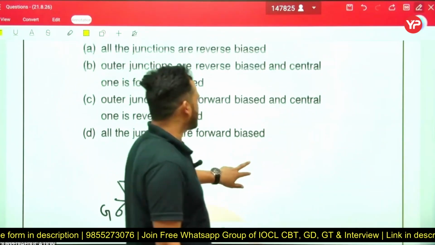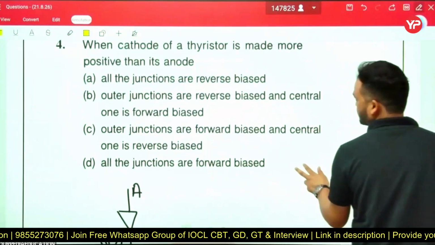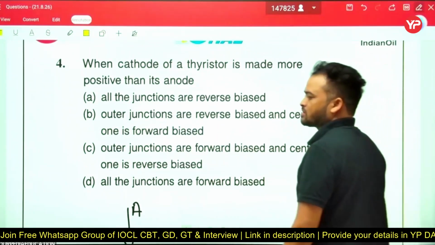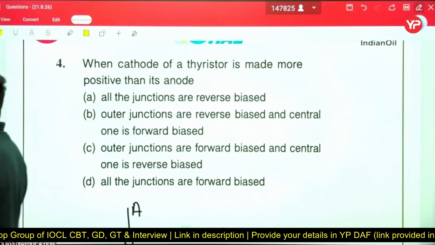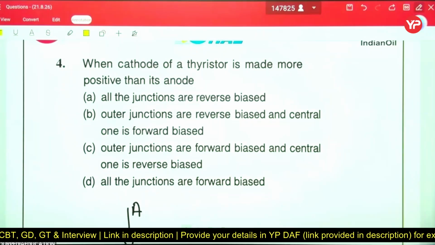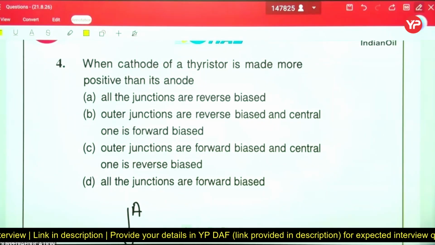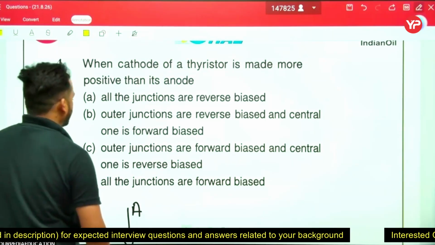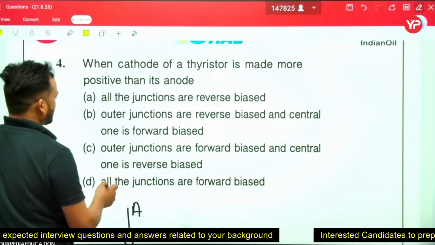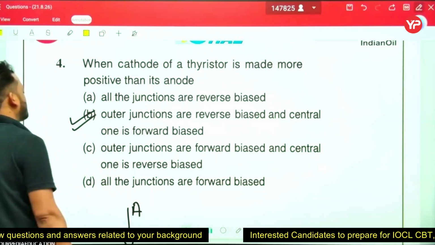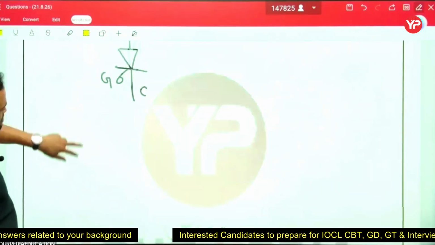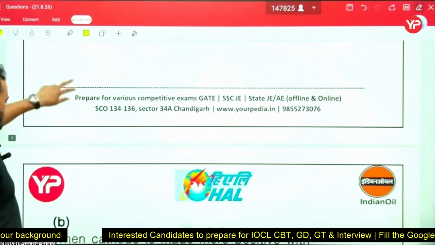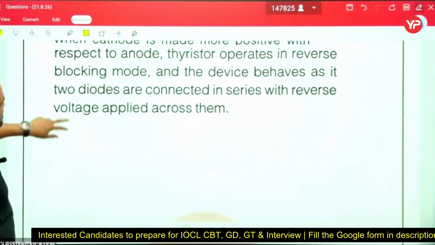Actually, this is the condition for the forward blocking state. And in the forward blocking state, the outer junctions are reverse biased and the central one is forward biased. Okay, this is the answer. Simple question based on the blocking state and conducting state.